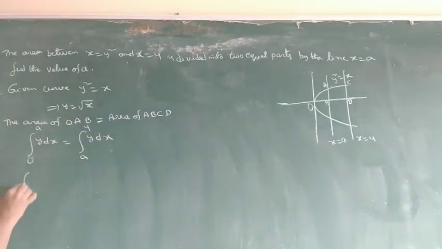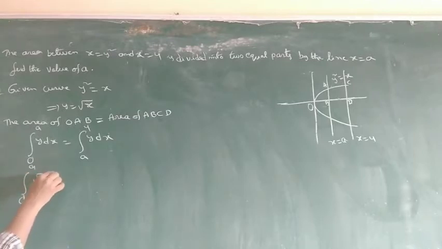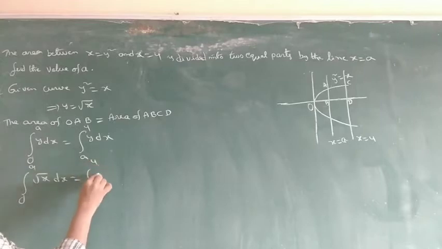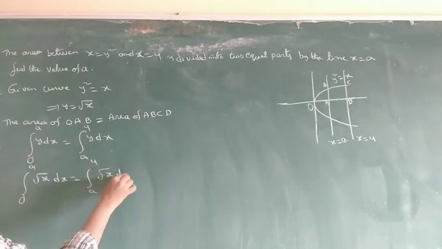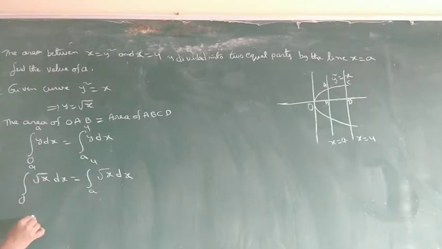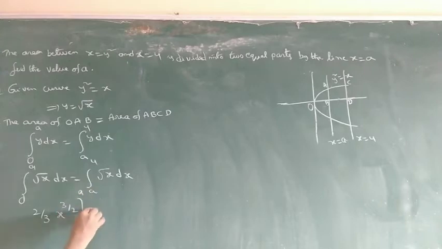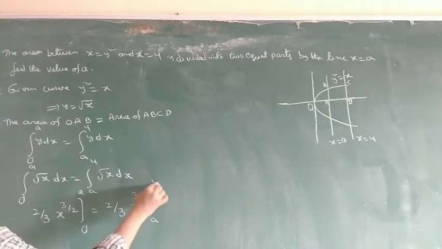So 0 to a, y is equal to root x dx, equals a to 4, root x dx. Root x integrates to 2 by 3 into x power 3 by 2, over the limits 0 to a, equal to 2 by 3 into x power 3 by 2 over the limits a to 4.